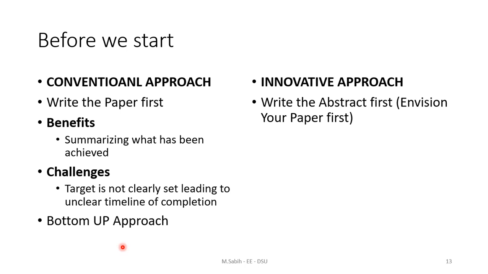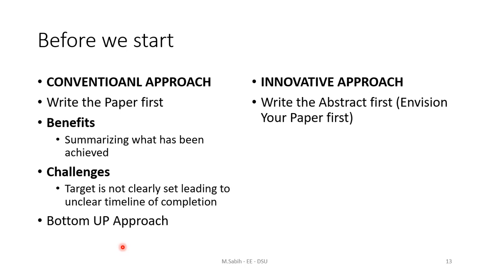So if there is a conference ahead and I see its theme, I can think about a research paper and write a draft abstract that I will be able to implement in a paper.